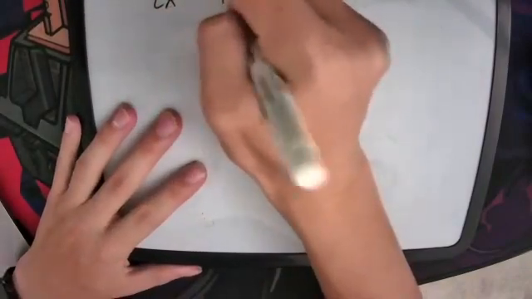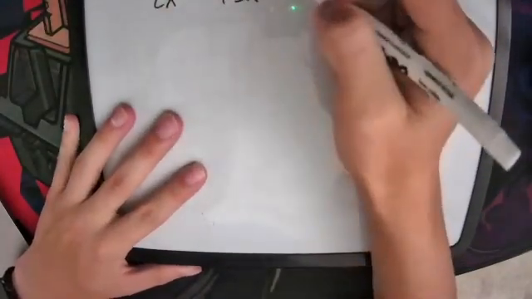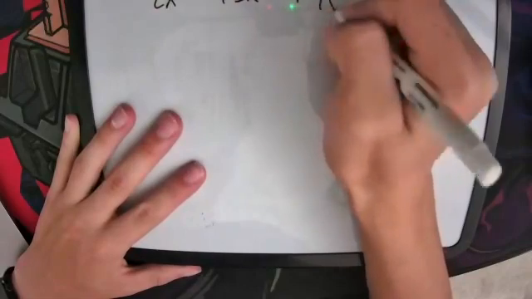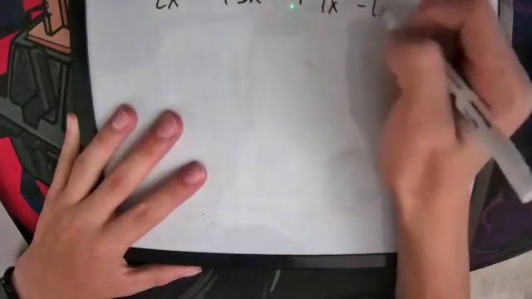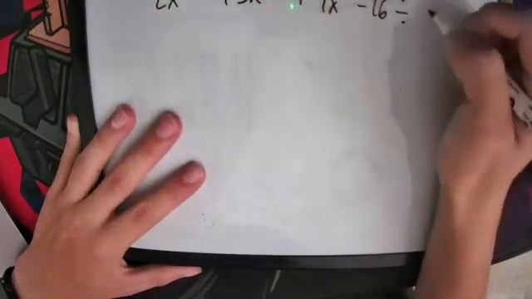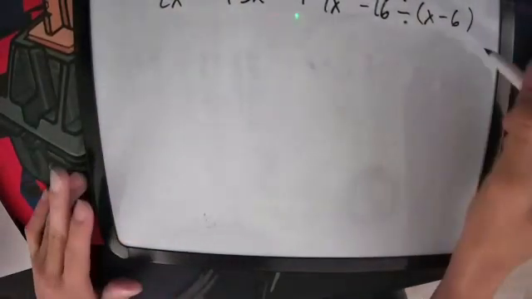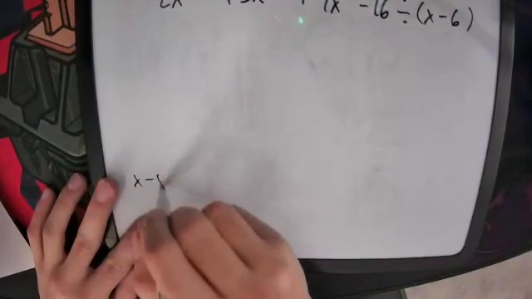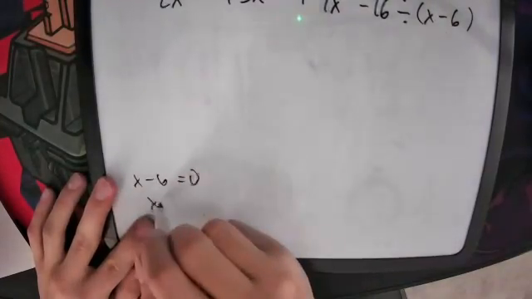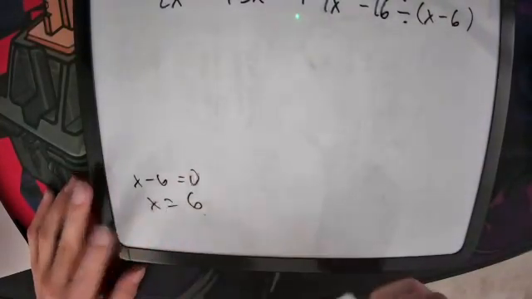So for this last problem, it is asking us to find 2x cubed minus 3x squared plus 9x minus 16 divided by x minus 6. So once again, we have to find the 0 for this. x minus 6 equals 0. x equals 0.